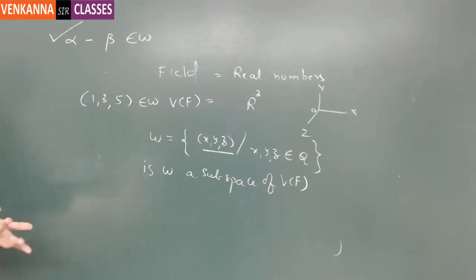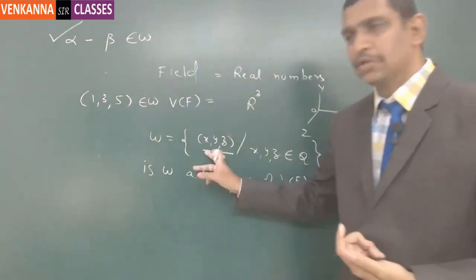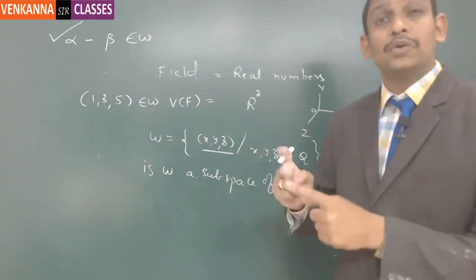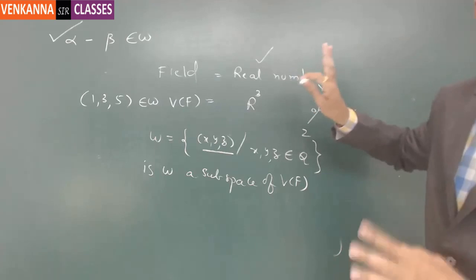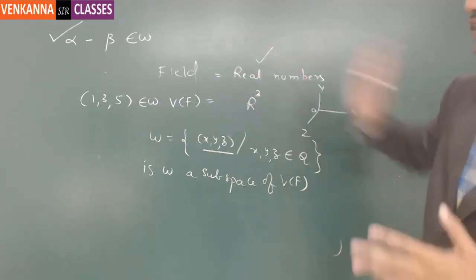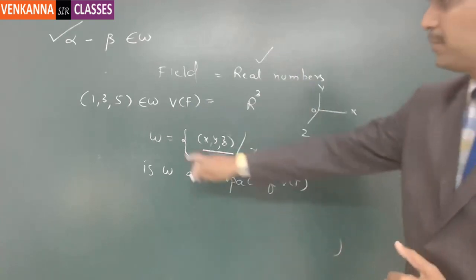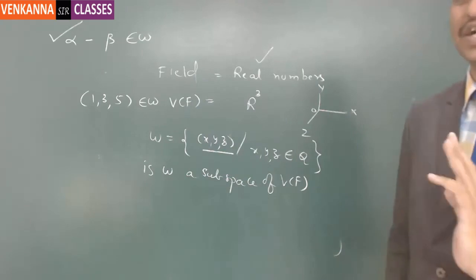So let us go with the second property, that is scalar multiplication. What is meant by scalar multiplication? In the set W, you take any vector as you wish, and you take any scalar in the field. Whatever the field is given to you, you take any scalar in the field. If you multiply that, the result must belong to W. That is called scalar multiplication or the second condition.